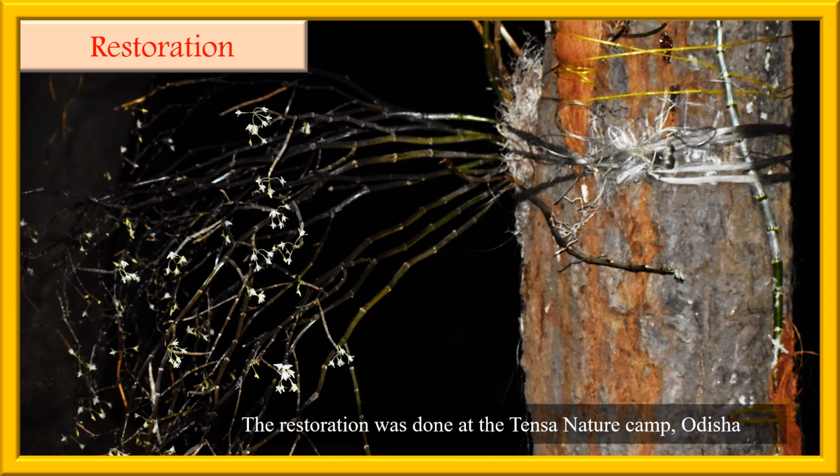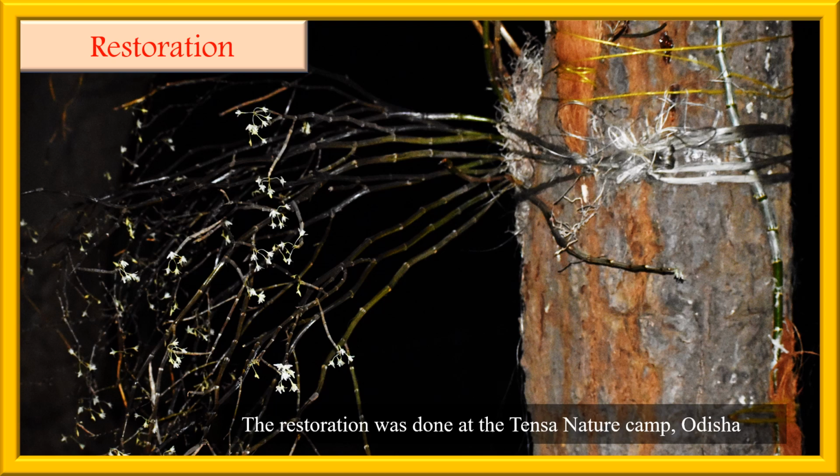So we have restored this particular orchid in Tensa Nature Camp, because it has very good tolerance characteristics, and it can be used further to learn about its medicinal uses, whether it can fight some diseases.